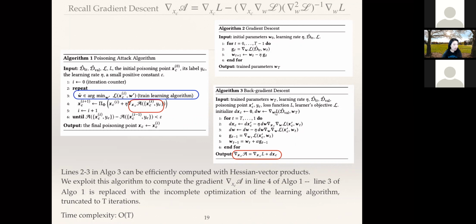How do you do that? Basically, this is algorithm 3. In algorithm 3, this gradient update step will be done through this algorithm instead of using that. So let's see how we're doing.